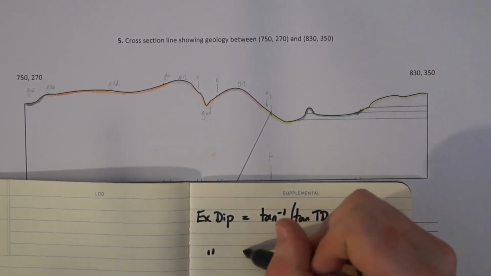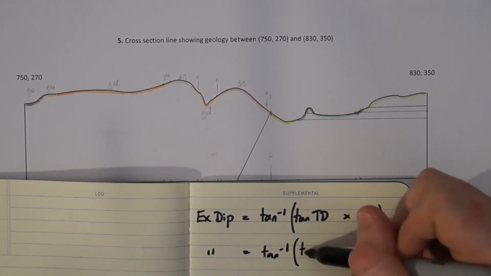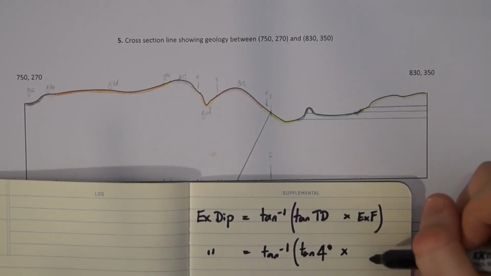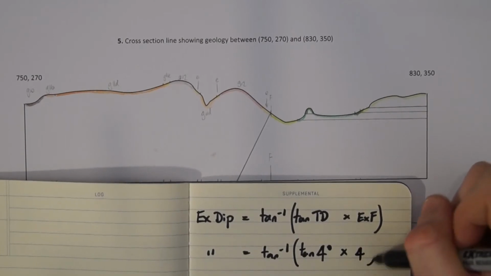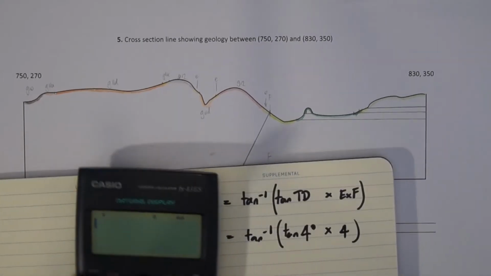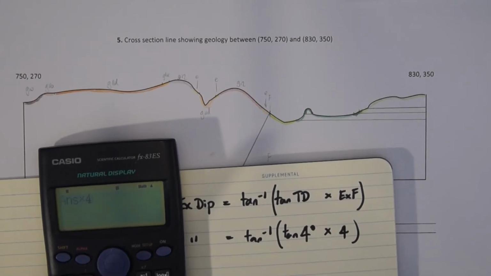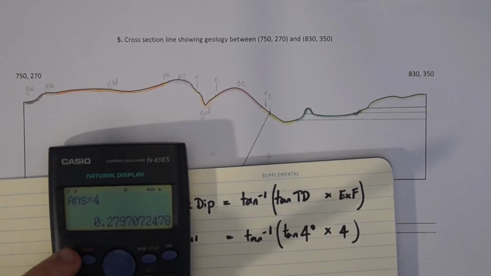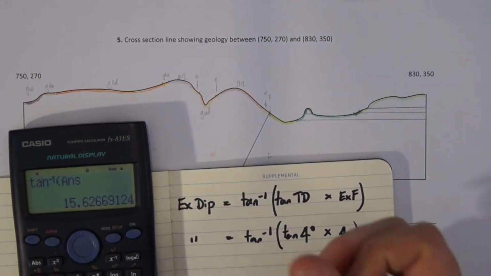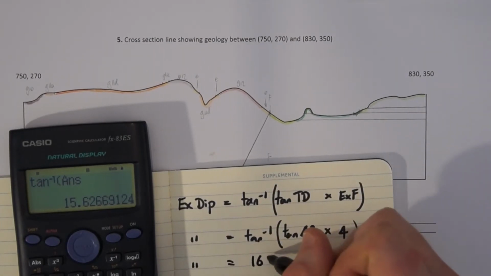So our exaggerated dip is equal to the tan to the -1 of our tan of 4 degrees, that's the dip of our Jurassic bed, multiplied by the exaggeration factor, which is 4. So doing that calculation, tangent of 4 multiplied by 4, and then taking the inverse tangent of that answer gives us an exaggerated dip of 16 degrees.